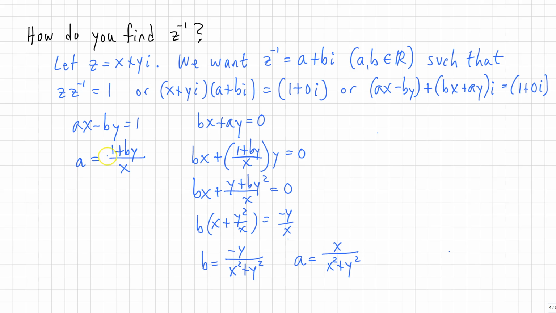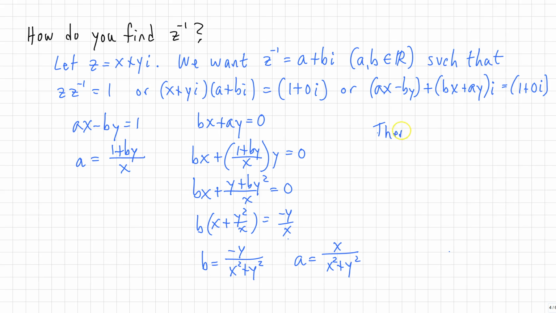So what that did for me is, if I'm given any complex number, I just need to know its real and imaginary parts, and I can come up with its multiplicative inverse relatively quickly now, because its inverse will be this number right here, a, plus this number, b, times i.